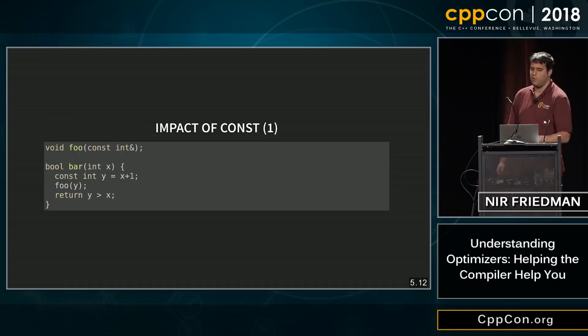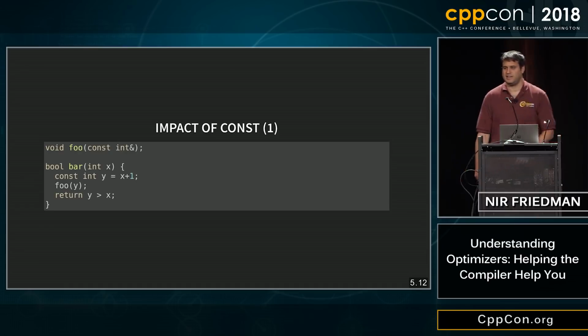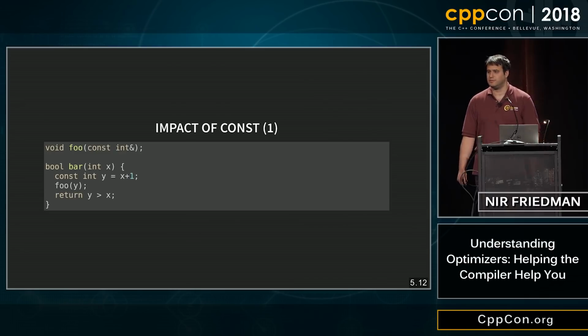Now, let's say that y is actually const, like in the code on the slide. Sorry about that. How many people think that it will just return true at the end? I mean, y is const, it's illegal to change. It's actually illegal to change y in this program. How many people think that it will still do a comparison of y and x?